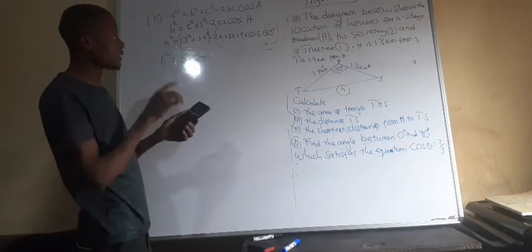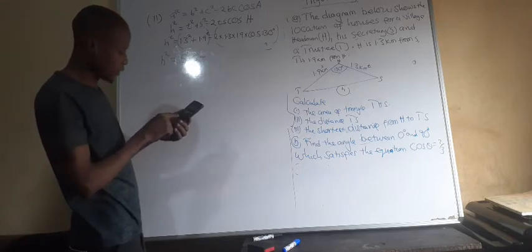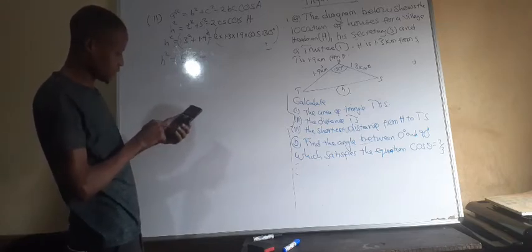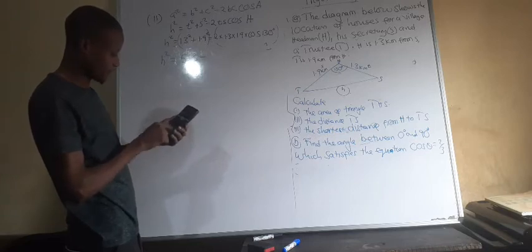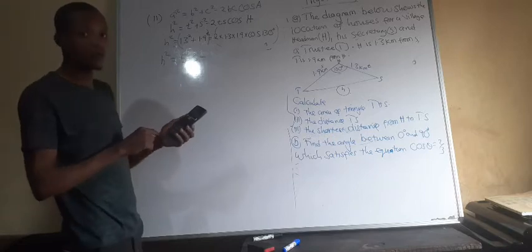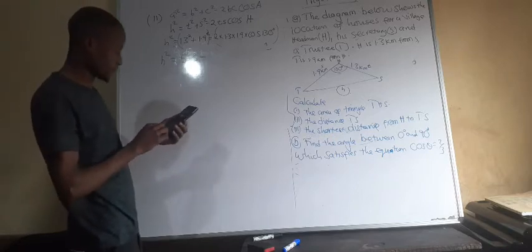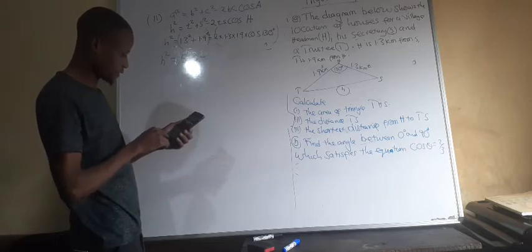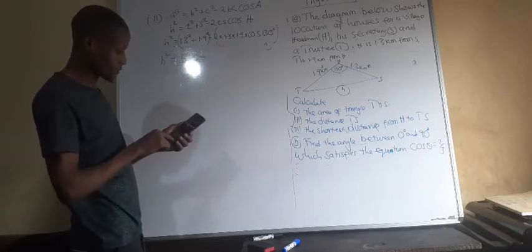So again, do the same thing. Open the brackets and say 2 times 1.3 times 1.9, then times cos 130. So times cos 130, and don't forget to close the bracket.